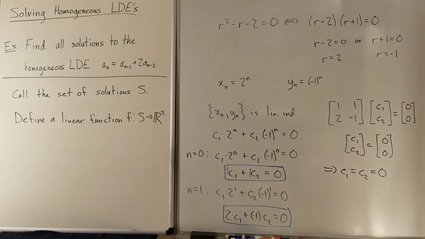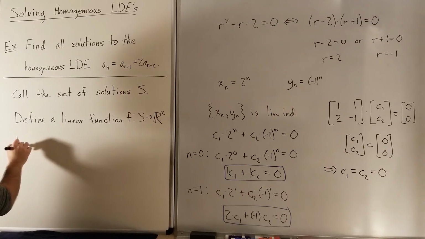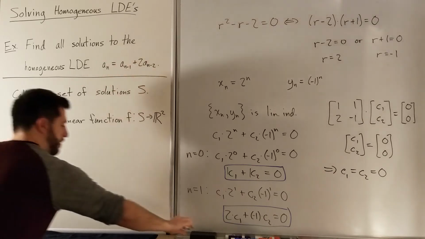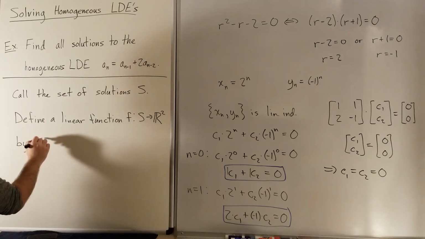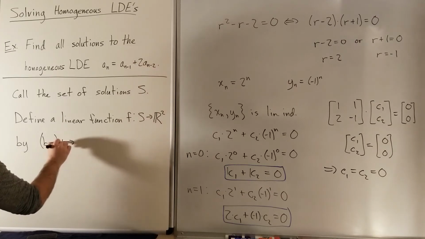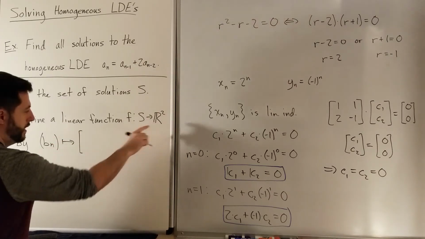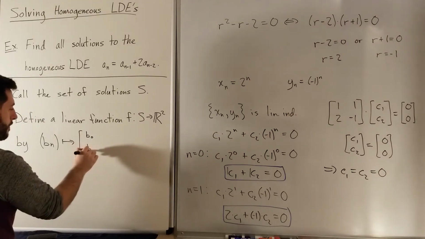Okay, so this map is going to be: I'm going to take a sequence, I'll call it Bn, and I'm going to map the sequence to the 2D vector in R2, which is just B0, B1.